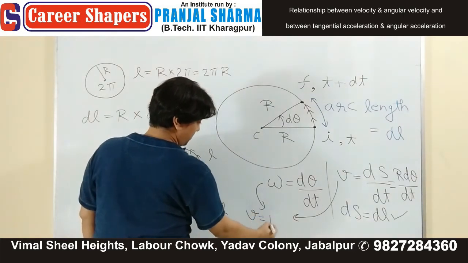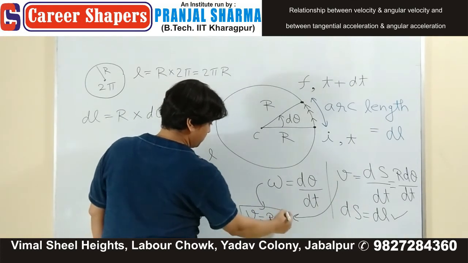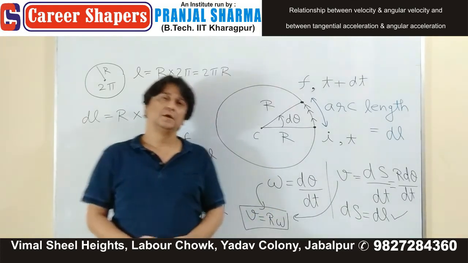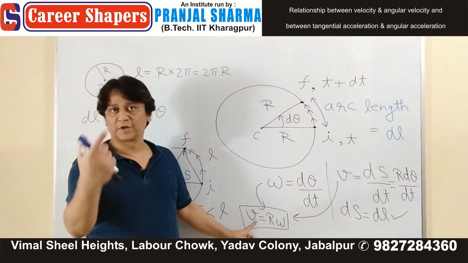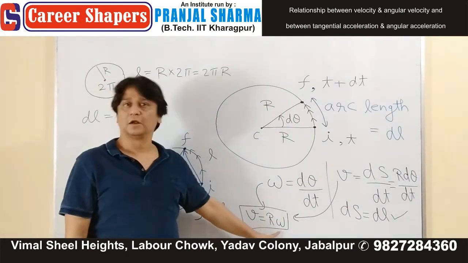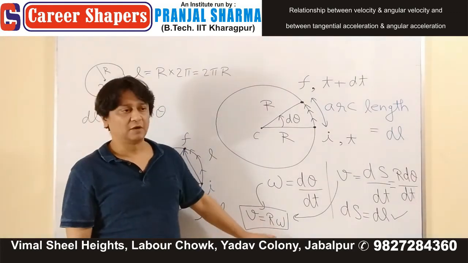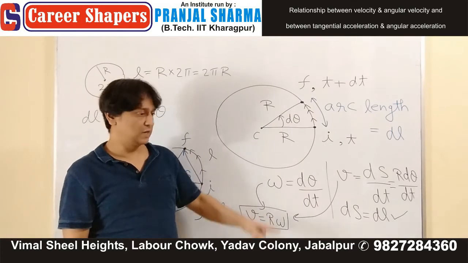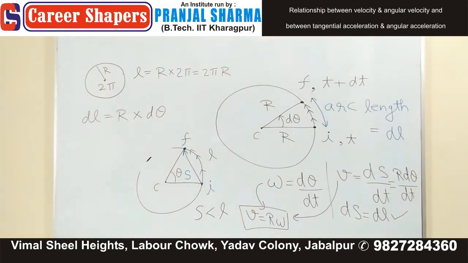What is v? r omega. An important result. Relationship between tangential velocity v and angular velocity omega. If you understand the derivation of v equals r omega, then write down yes in the comment box and note down everything. If you have any confusion, simply mention your doubt.